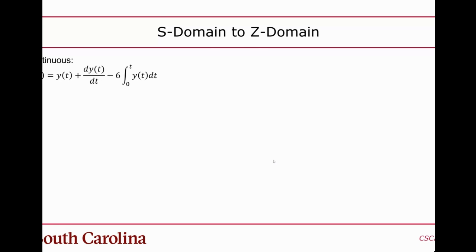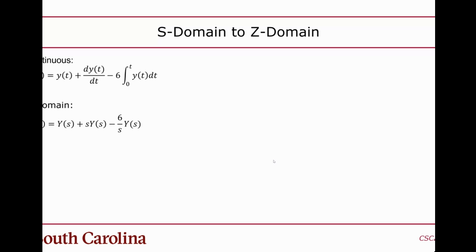Now this part, there are some aspects of this that are pretty cool. So let's go back to the original LTI that I made up as an example at the very beginning of the lecture. So I had u of t equals y of t plus dy/dt minus 6 times the integral of y of t dt, right?